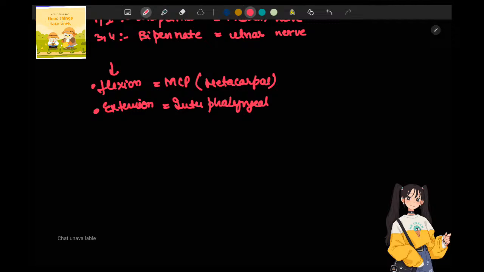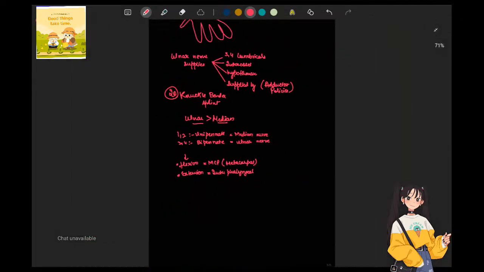Then we have the CPN. This is foot drop, CPN palsy, that is steppage or slapping gait. There is no dorsiflexion, there is inversion of foot, and reduced sensation of foot. Okay, so we have completed all this.